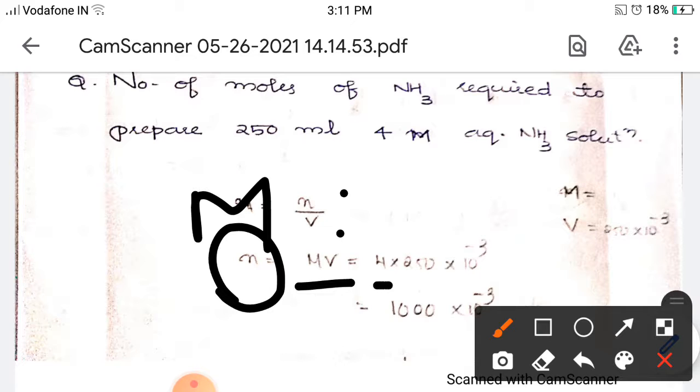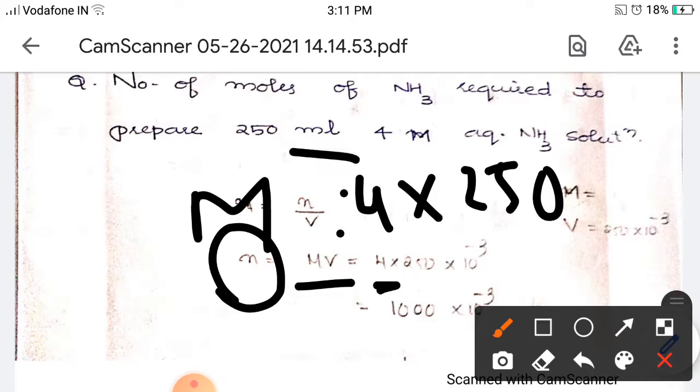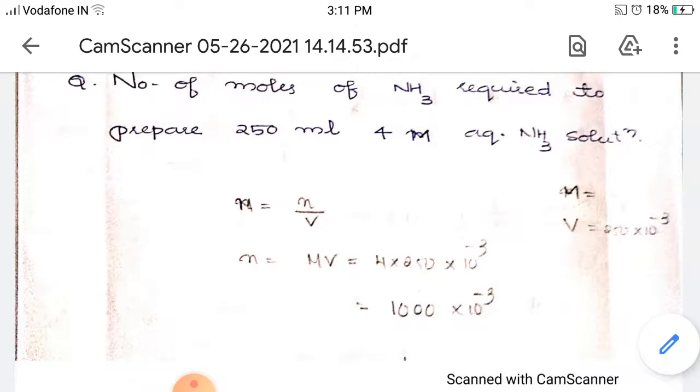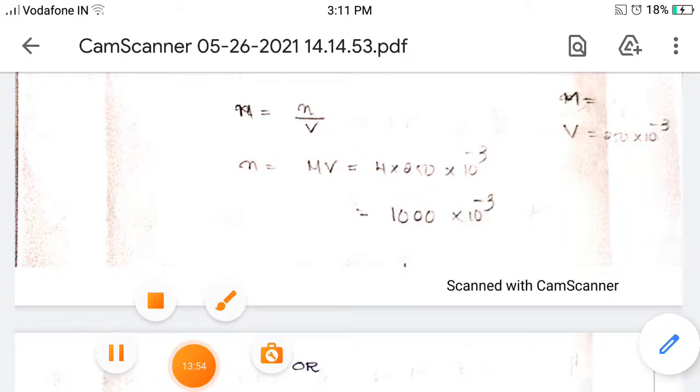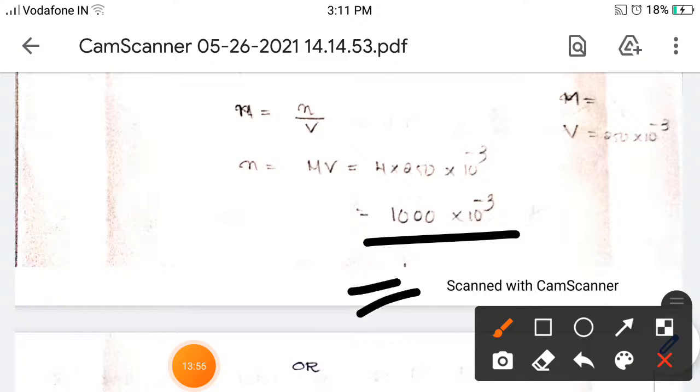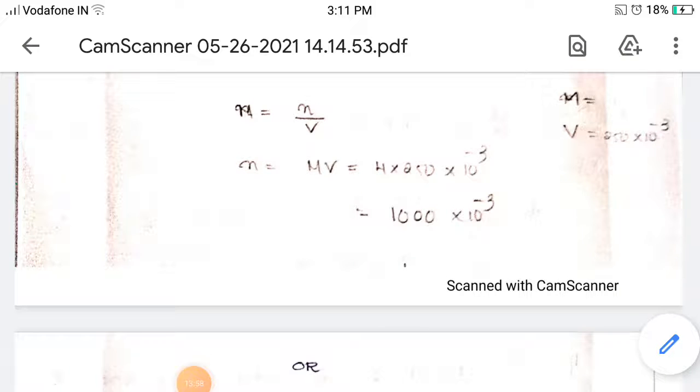Here molarity is 4 into 250 ml; we have to divide it by 1000, that is 10 raised to minus 3. So you get the answer, that is equal to 1.